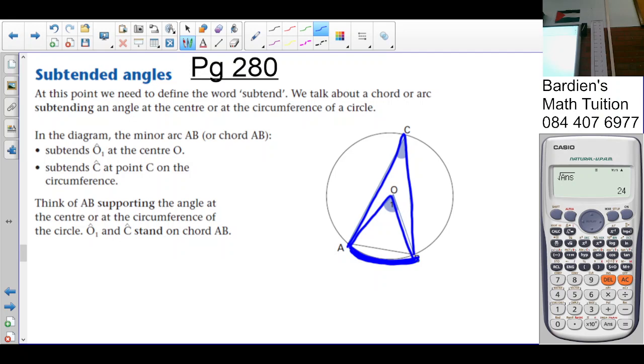So think of AB supporting the angle at the center, or at the circumference of circle O1, and angle C stands on the chord AB. In other words, the arc AB is supporting or giving off an angle at the center, O1, or an angle at the circumference, which is also angle C. So subtends basically means to support the angles.